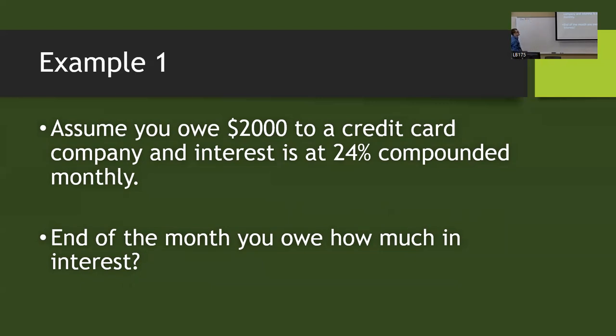So let's assume the interest rate on that credit card is 24%, compounded monthly.